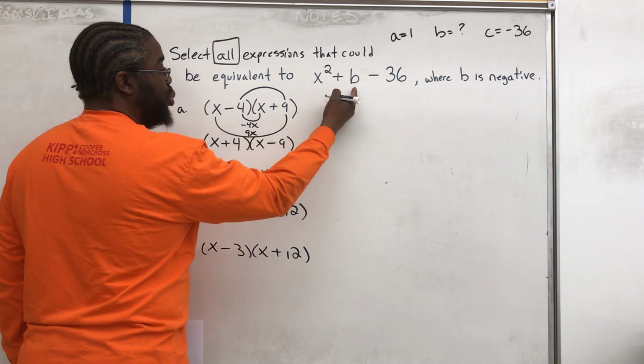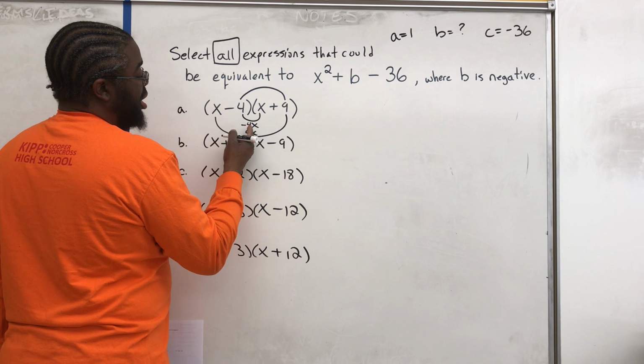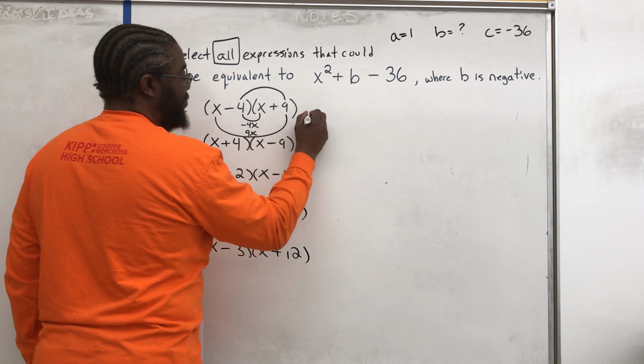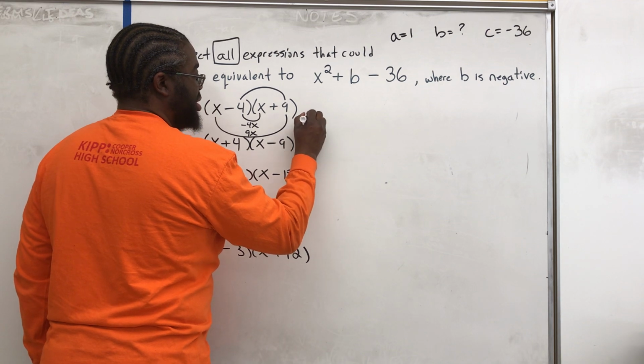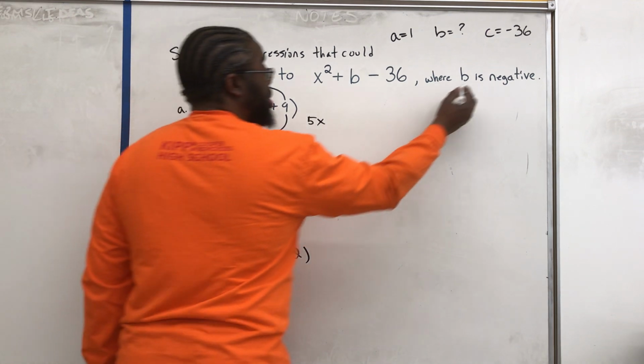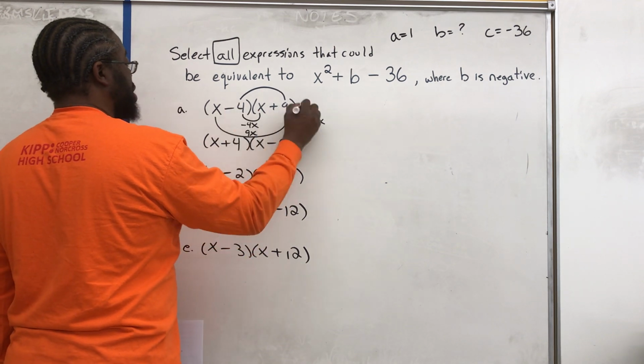They're supposed to add up to whatever b is. So positive 9x and negative 4x, when I combine those like terms, I get positive 5x. If I want b to be negative, this one is positive, this is not going to work. So I'm going to cross this one out.